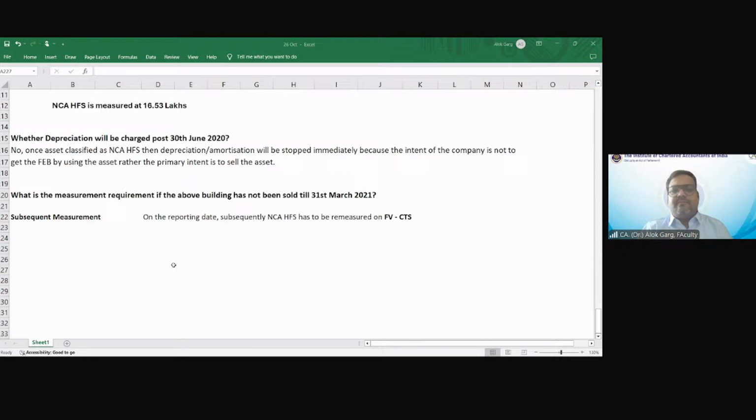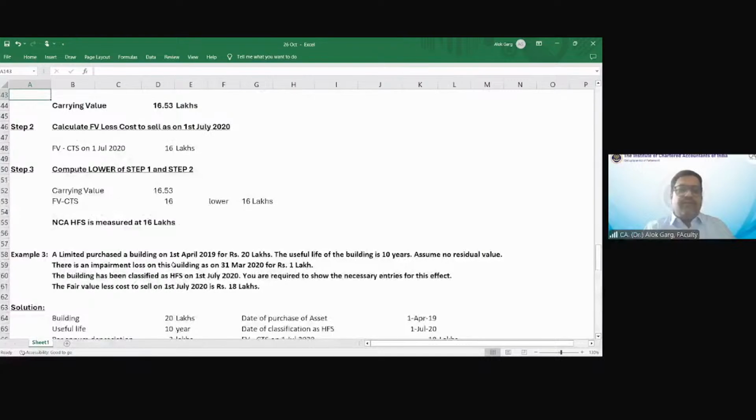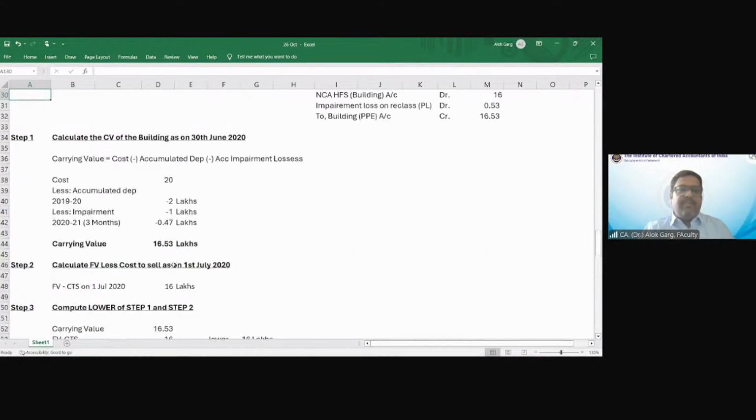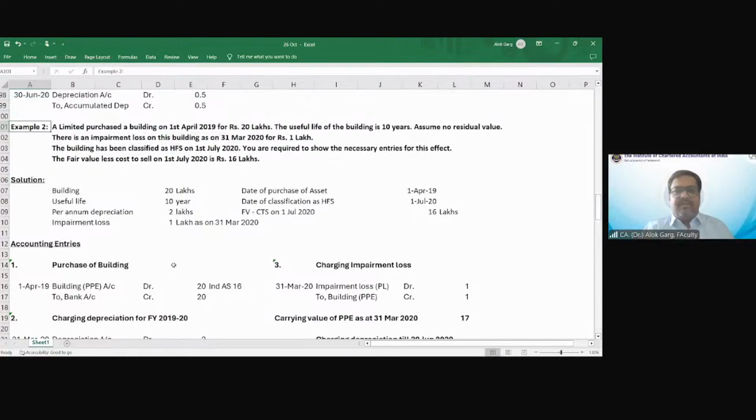Let me take example number 2. That example was the impairment loss example, right?